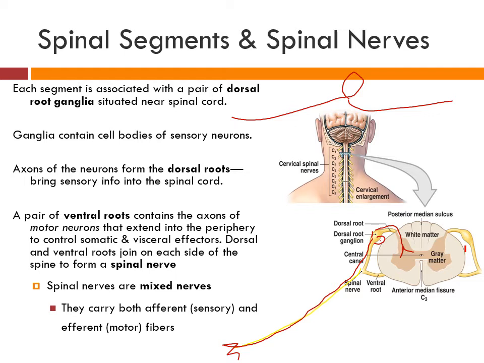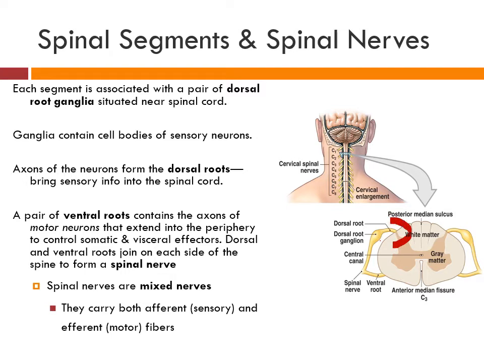So it has one process with a single dendrite and a single axon. The cell bodies of those unipolar nerves that are our spinal nerves are collected in the dorsal root ganglia. And then from the dorsal root ganglia to the posterior horn is the dorsal root of the nerve.